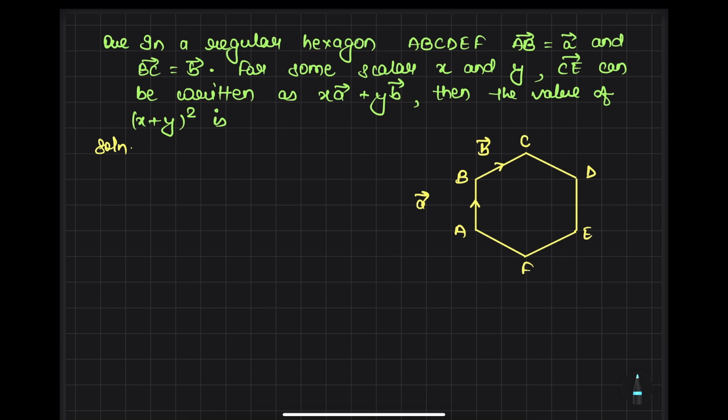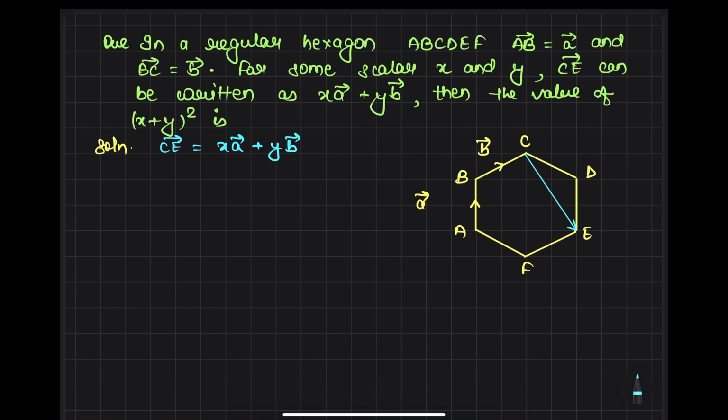The vector CE. CE means what? C is the initial point, E is the terminal point. So this CE can be written as x times vector a and y times vector b.